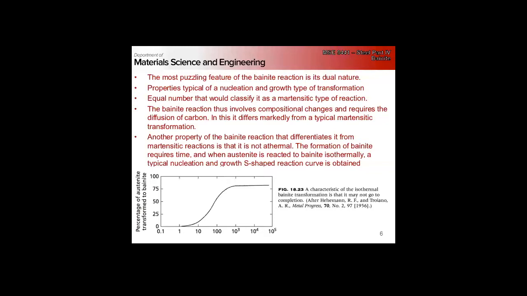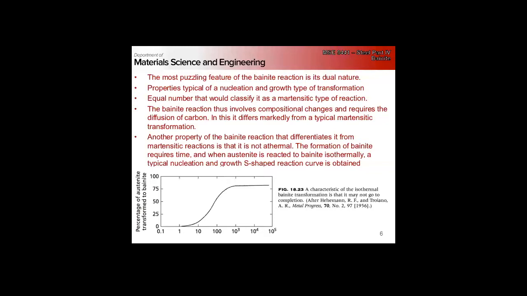It has properties that are very typical of nucleation and growth type reactions, and then an equal number of facets that would classify it as a purely shear type transformation like martensite.